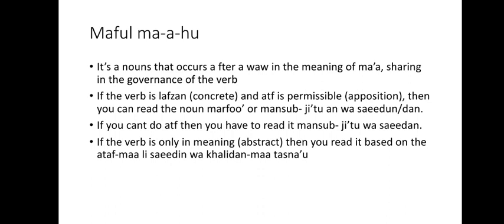For example, ma li Zaydin wa 'Amrin, you'll notice that li Zaydin is in the majroor state because of lam, a harf jar before it, which we'll discuss after mansubat. So ma li Zaydin, and wa comes after it, and here it's permissible to do atf, and there is no verb present in the sentence, so therefore you'll read the word that comes after wa in accordance with the word before wa. So it'll be ma li Zaydin wa 'Amrin.